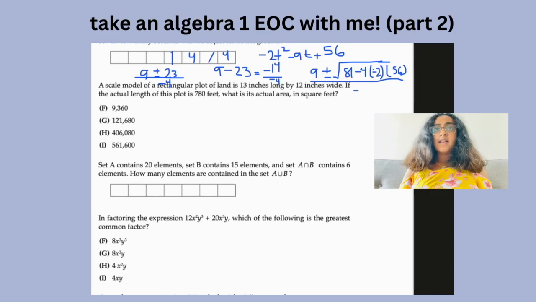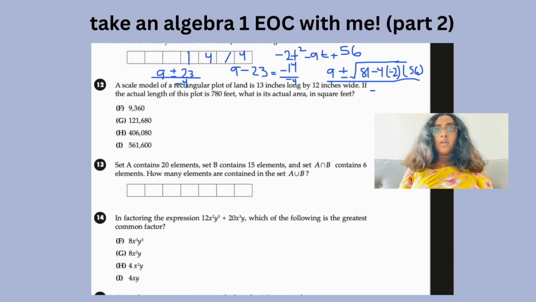The next thing is a scale model of a rectangular plot of land that is 13 inches long by 12 inches wide. If the actual length of the plot is 780 feet, what is its actual area in square feet? So this is just a ratios and proportions problem. Here we have 13 over 12 equals 780 over blank.